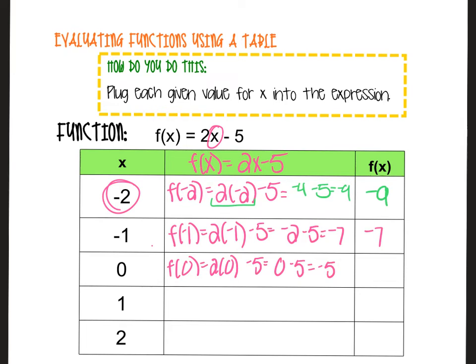Okay, then the next thing I want to find is f of 1. So I'm going to plug in 1 for the x in my function, and then use order of operations to simplify. 2 times 1 is 2, and then 2 minus 5 is a negative 3.